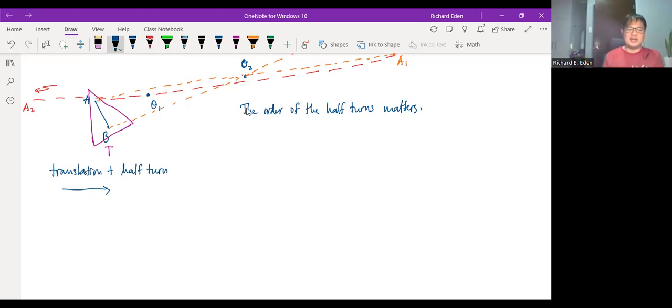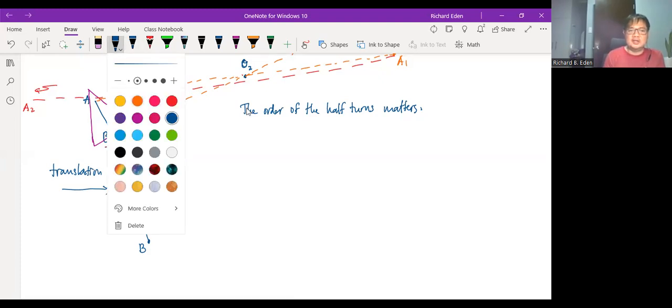Okay, and then we have points A and B. And then if we're going to do a translation, above O1, let's say it's somewhere here.